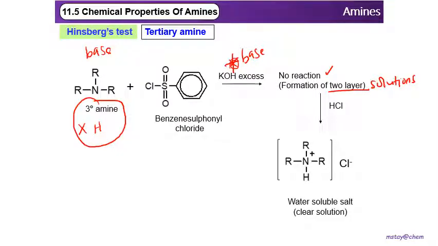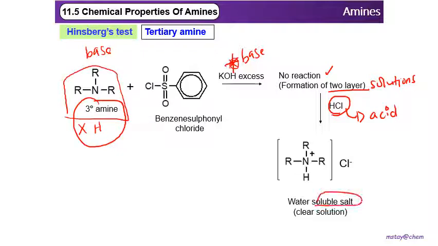Then you will add on the HCl. Just a reminder again, HCl is a very common acid which will react with the tertiary amine to form a soluble salt, which is a clear solution.